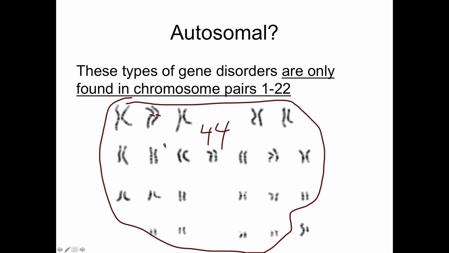It could be extremely debilitating to where it leads to death, or can cause problems for the person throughout their entire life. So anytime you have a gene disorder in pairs 1 through 22, the first 44 chromosomes, the autosomes, that is called an autosomal gene disorder.